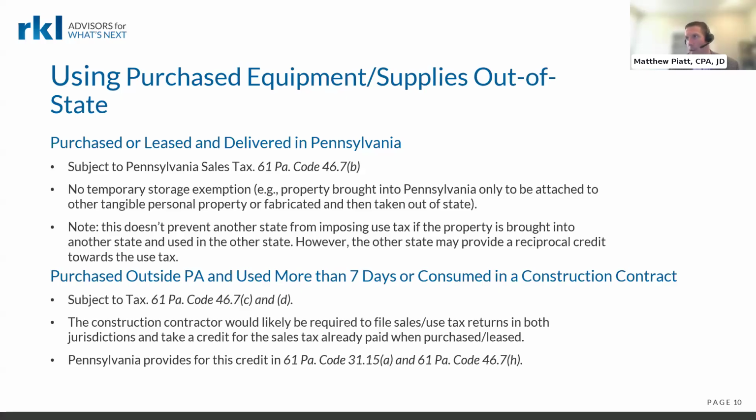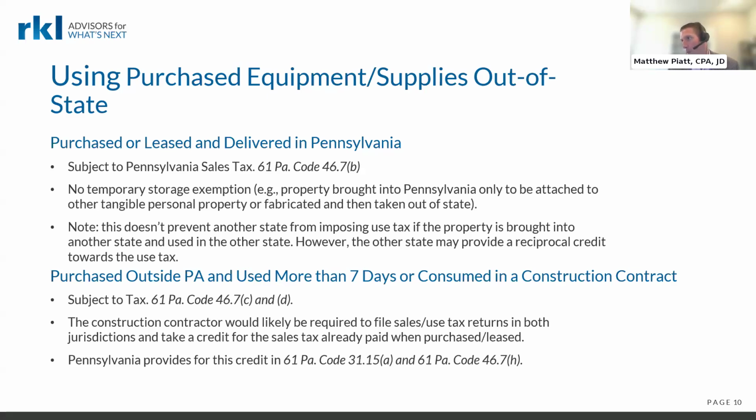Because that sale is sourced to Pennsylvania, it was delivered here, that's a taxable sale in Pennsylvania. I want to note that that doesn't prevent the state where that item is being taken into and used from imposing their use tax on it. So now you've got a little conundrum. You've paid sales tax in Pennsylvania, and you've got another state assessing use tax on you.